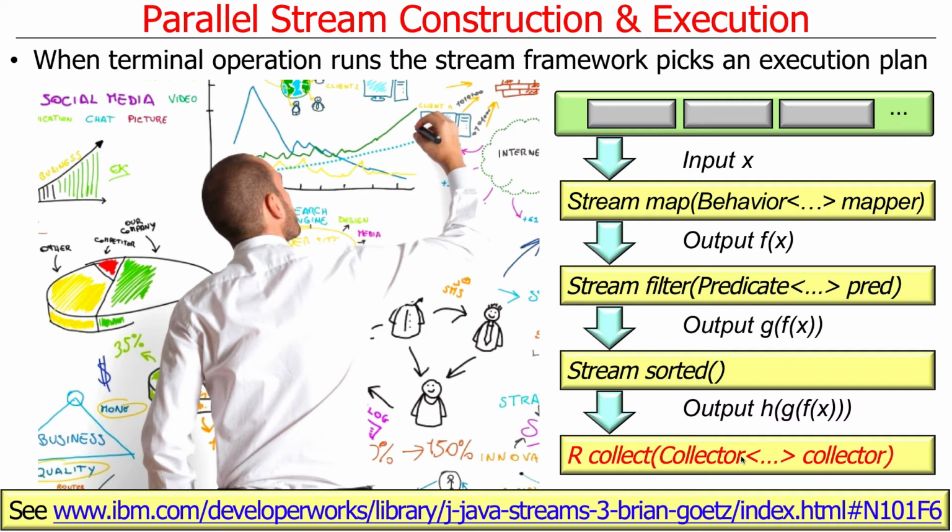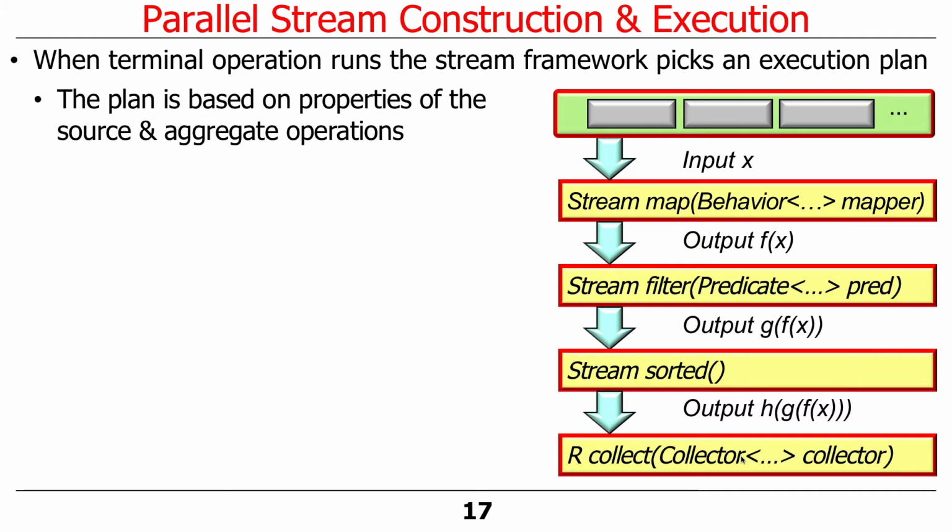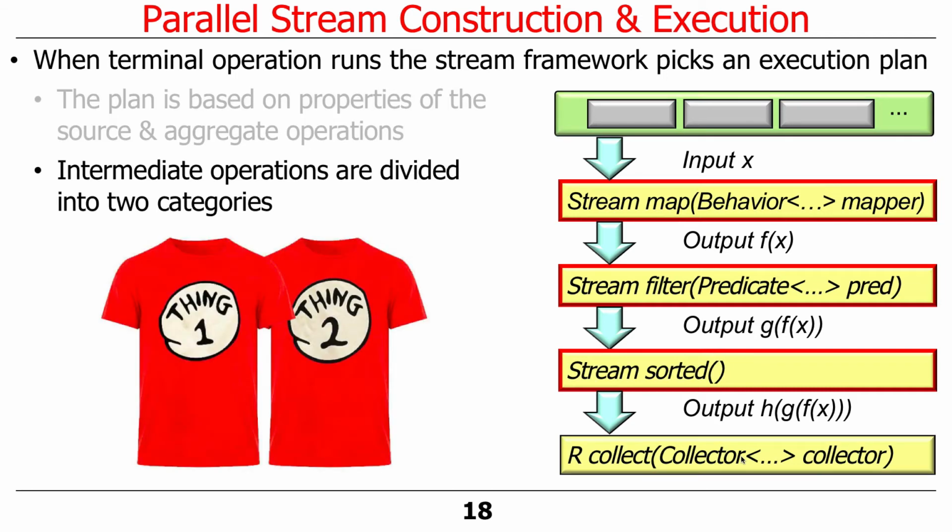You can read more about that at this great link by Brian Goetz. And not surprisingly, the plan is based on all the properties of the input source plus the properties of the various aggregate operations that make up the stream. So it looks at the whole plan at that point and says, aha, here's how I want to run this thing most optimally.